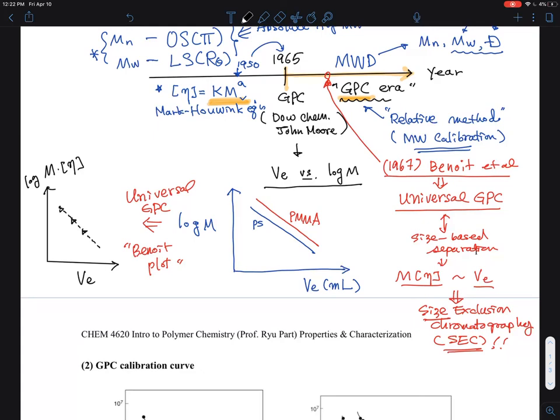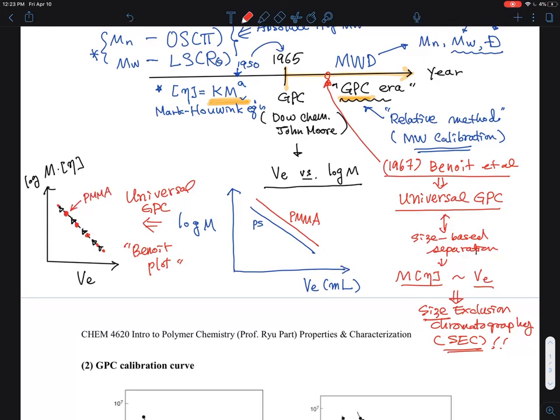So let's say this triangle is from polystyrene, and this red dot is from the PMMA. They essentially follow the same line regardless of the chemical discrepancy of the polymer.